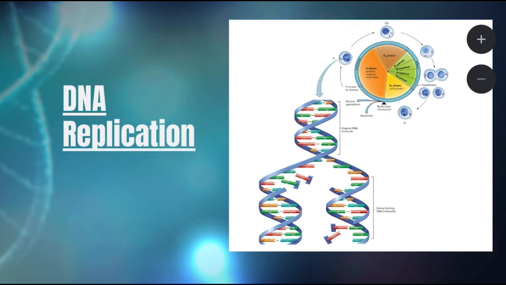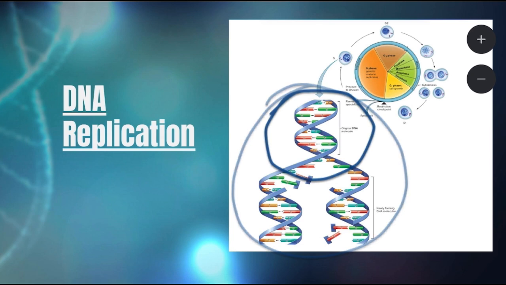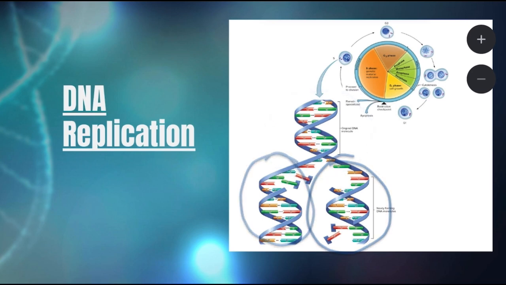The left image that I circled shows a double helix of DNA, which is the original DNA molecule right here. In this image, there's also two new DNA molecules that are being formed. 1, 2. The process of DNA replication is shown in this image as the original DNA molecule is being unwrapped and copied.